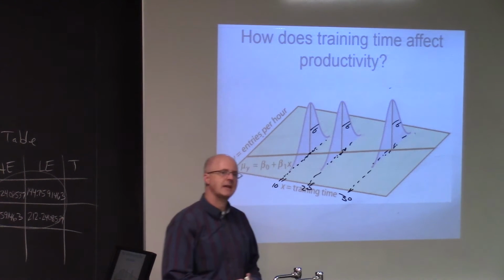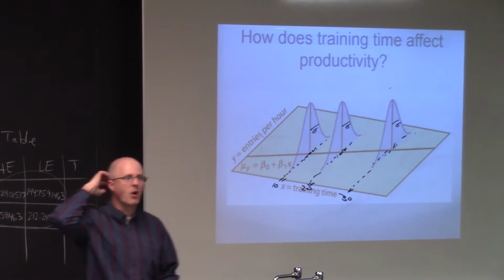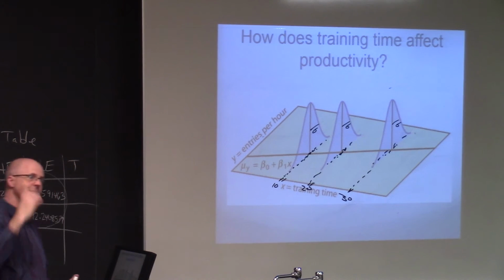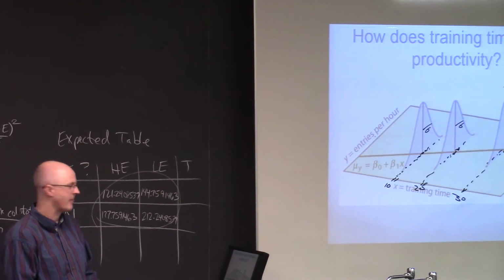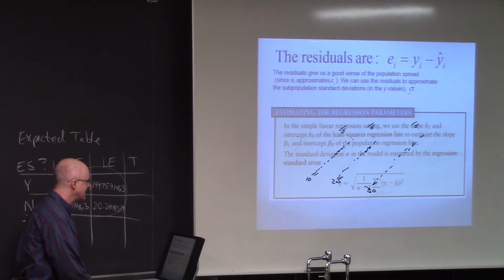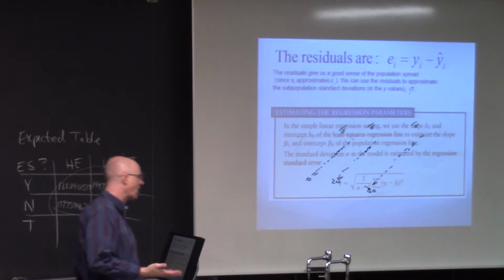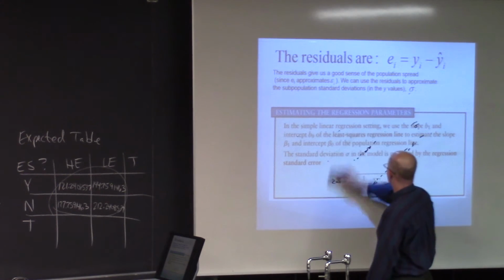That's an assumption you make in the model. In real life, it doesn't fit exactly, but you hope it's good enough, though you should look at graphs to assess whether it really is good enough or not. Once again, the regression standard error approximates the standard deviation in those normal curves.